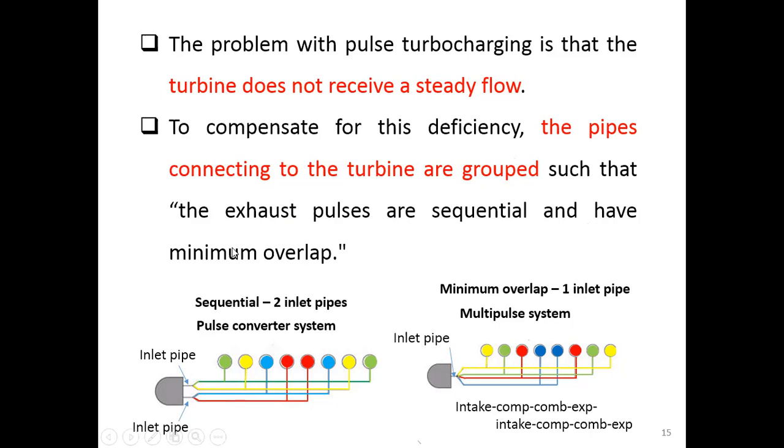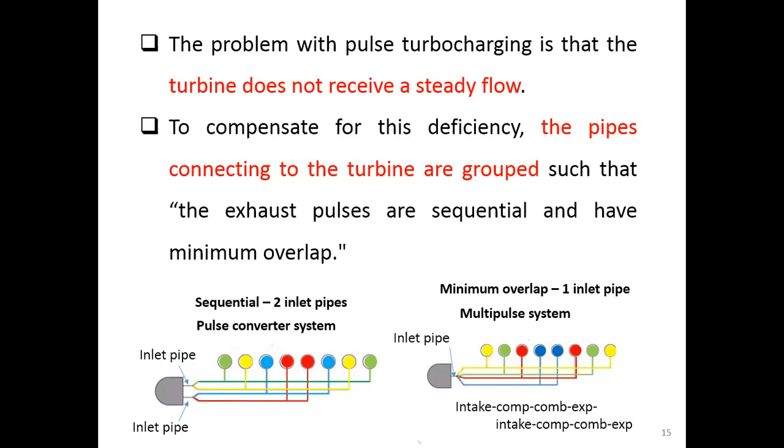This is what we try to do for the sake of constant kinetic energy. The bad part is our turbine will receive the pulsating flow.